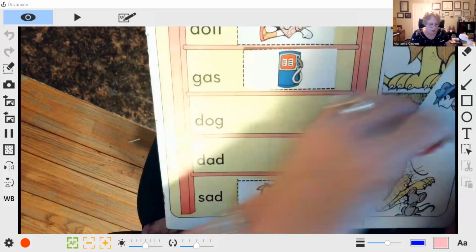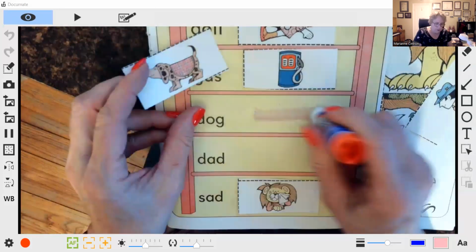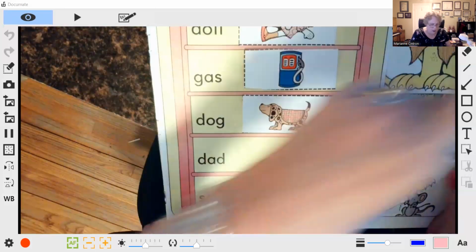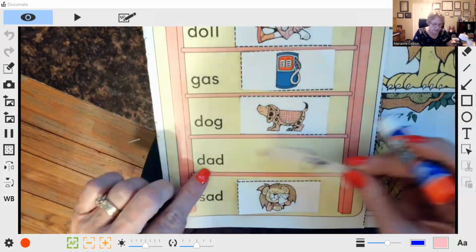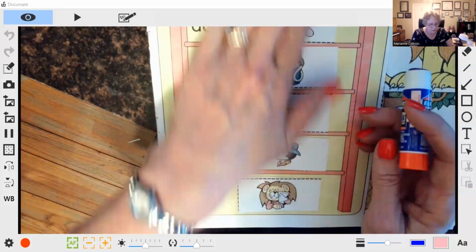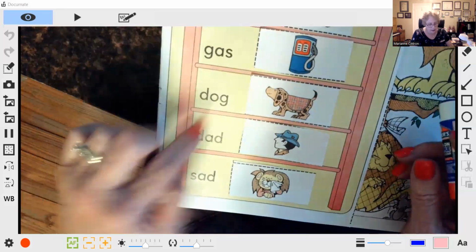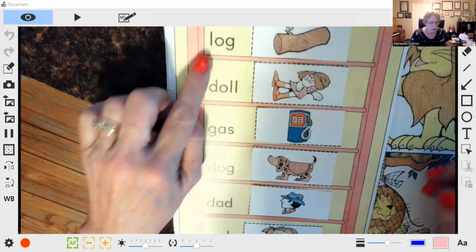Two more pictures. We have a dog. Dog, D-O-G. And we have a dad, D-A-D. Let your child learn what the word looks like. Now they can sound it out.